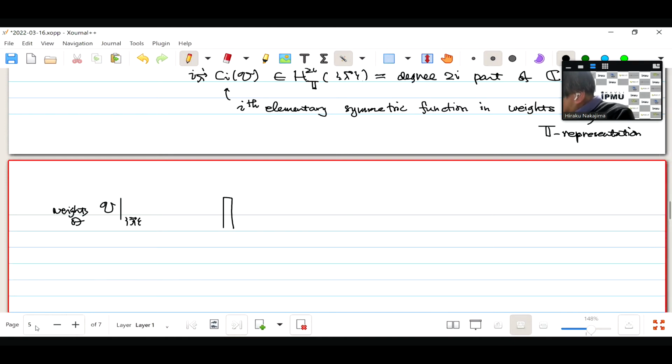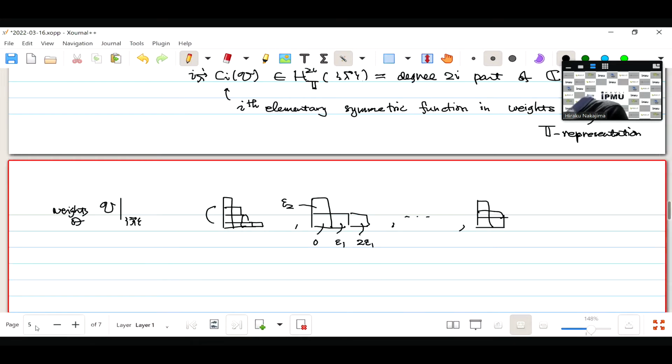So I have a pool of partitions. So I wrote in additive notation. I assign 0 to the first box, and this is epsilon 1, and this is 2 epsilon 1, and this is epsilon 2. So this is lambda 1, this is lambda 2, this is lambda r.